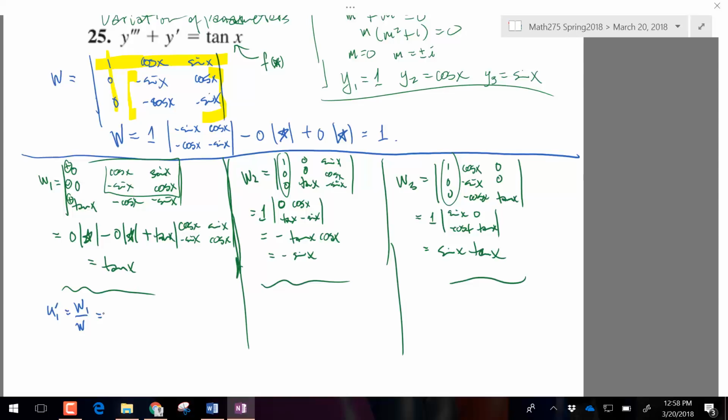So the derivative of our W1 is 10x, and then our W is just equal to 1. So this is all we have, which will get us to our U by integrating the tangent function. And I think this is equal to some ln and secant and something like that.